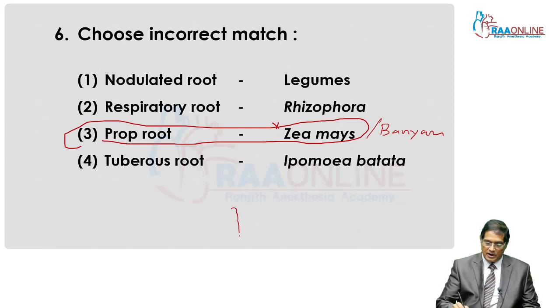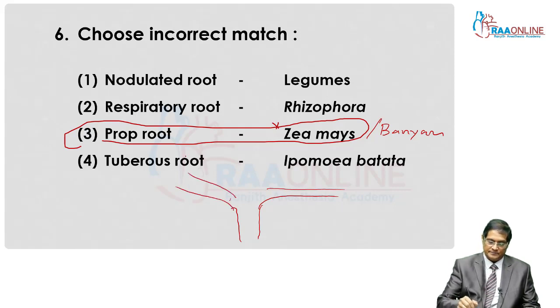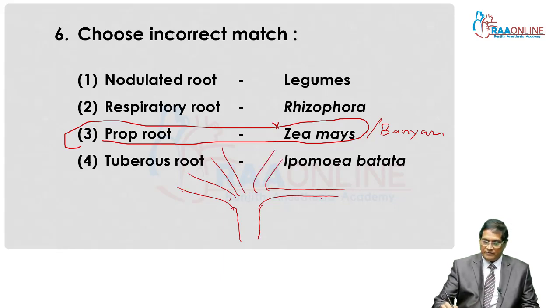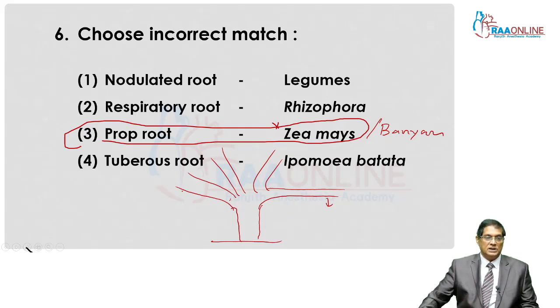Actually, in the banyan plant, there is a trunk, and these are long and horizontal branches. These branches are very heavy. The roots emerge from these branches.